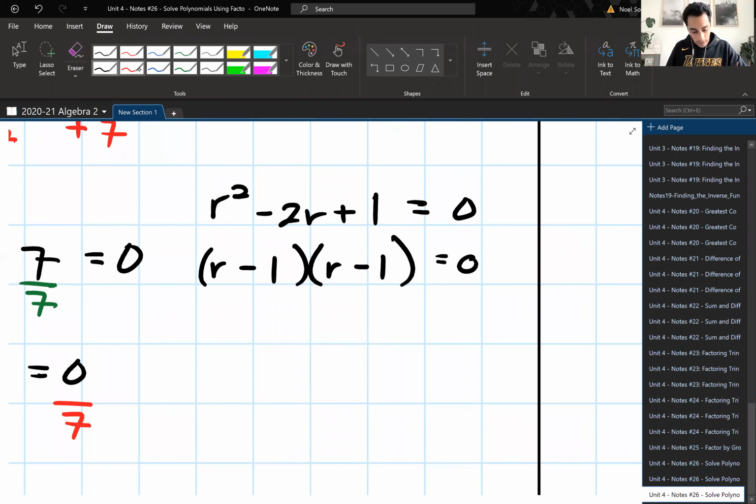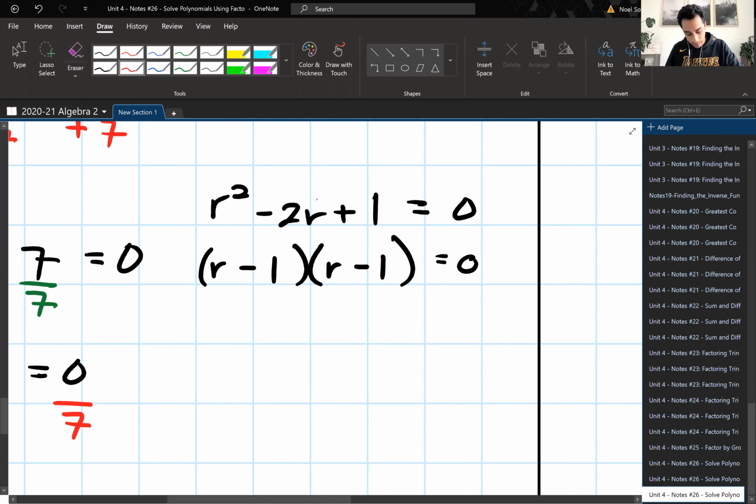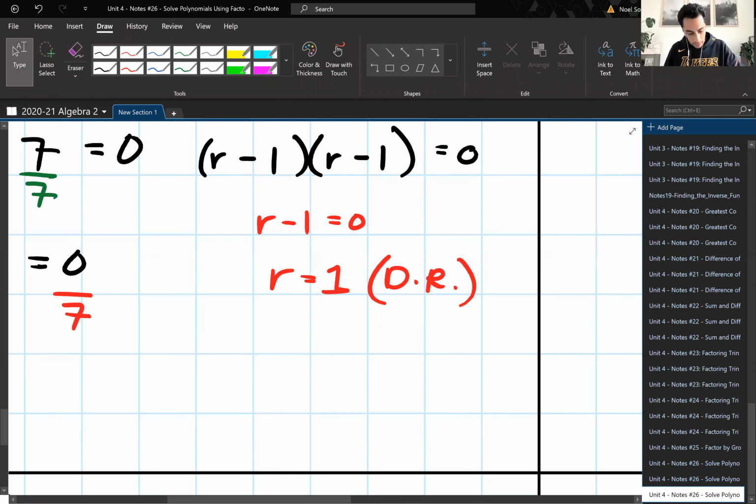Once again, this is a double root situation, because when I split it, I'm going to get the same solution. So rather than doing it twice, I'm just going to do it once. r equals 1, and I'm going to call this a dr, a double root. So then I have my intercept as (1, 0).